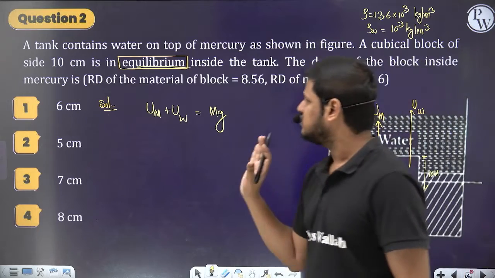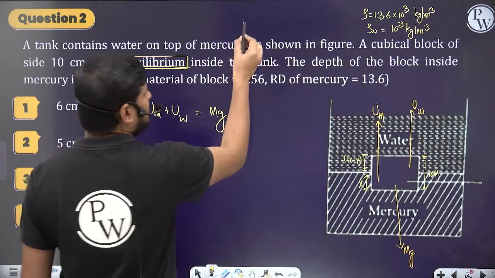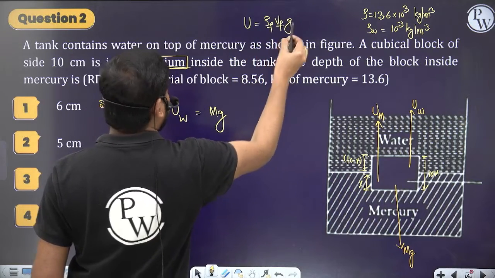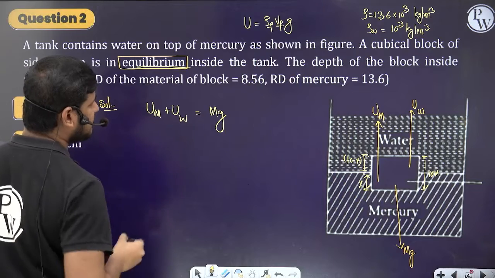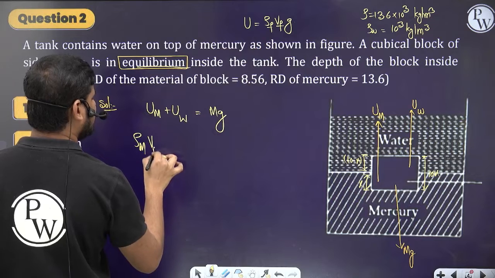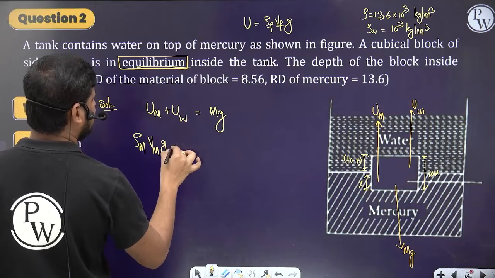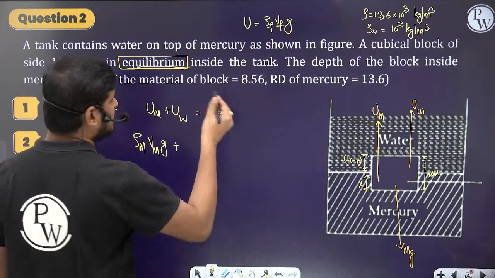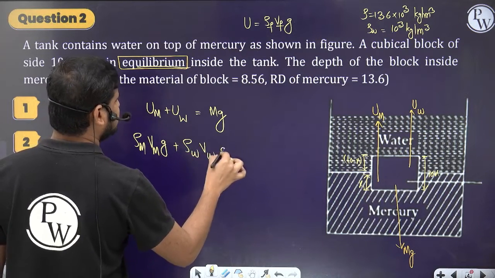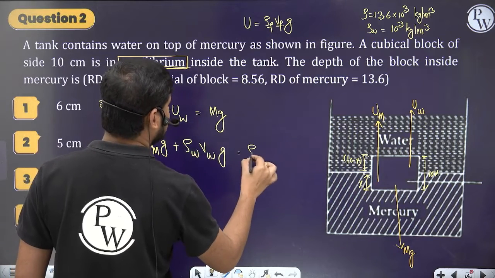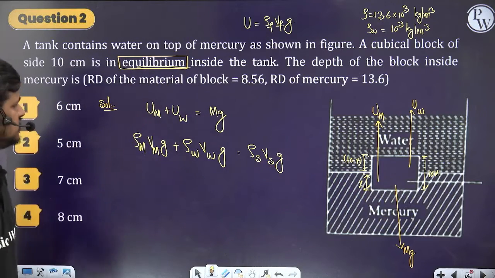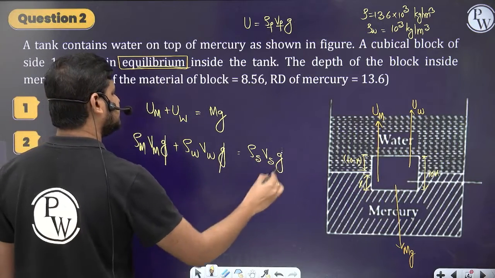This is the formula. Now, what is the upthrust formula? We know the upthrust is equal to rho F V F g. So the upthrust by the mercury is the density of mercury times the volume of mercury times g, plus the upthrust by the water, the density of water times the volume of water times g, is equal to the density of solid times the volume of solid times g. Here g gets cancelled.